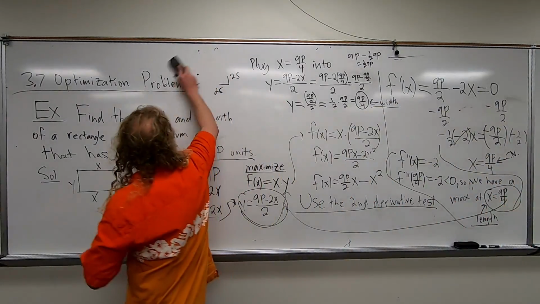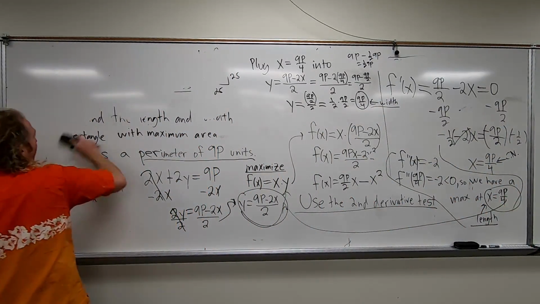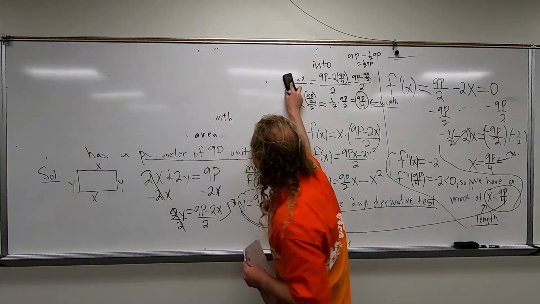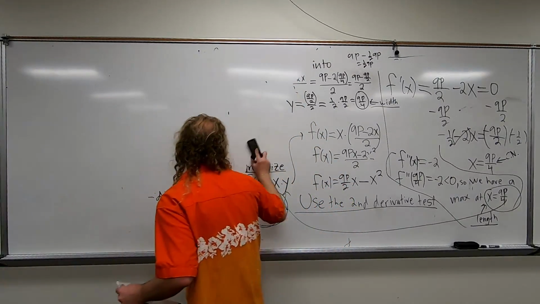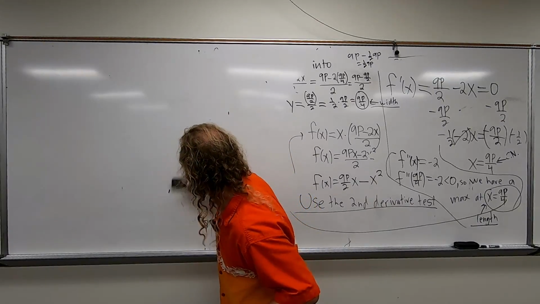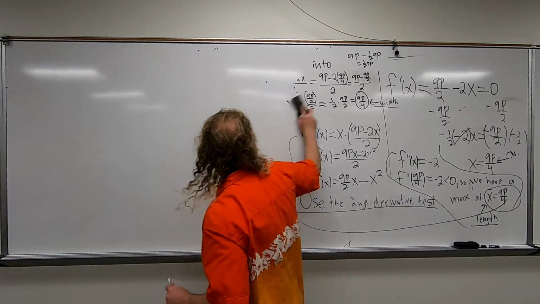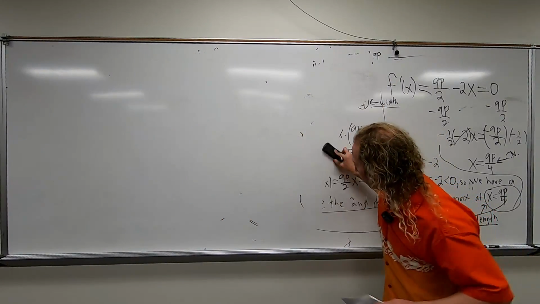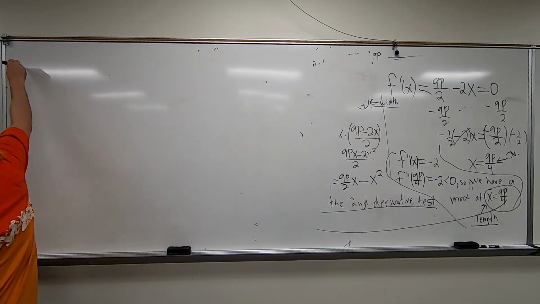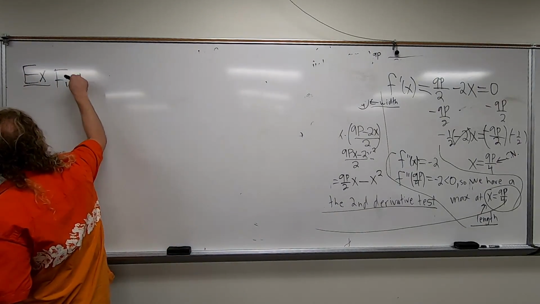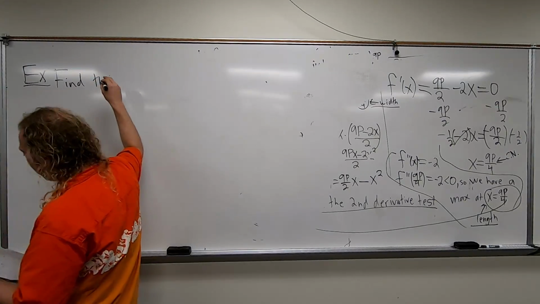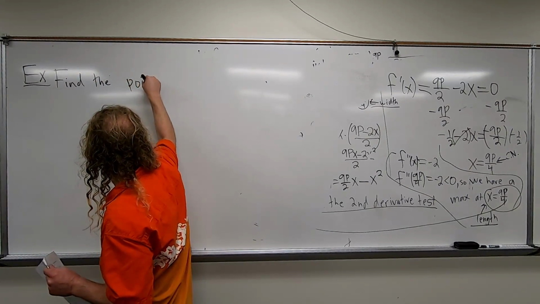So this next example is a little bit more interesting. And this comes up in Calc 3 also. In my Calc 3 class, they have a bunch of these, but it's in higher dimensions. In this class, we do it in 1 dimension. So the question is to find the point on the graph.